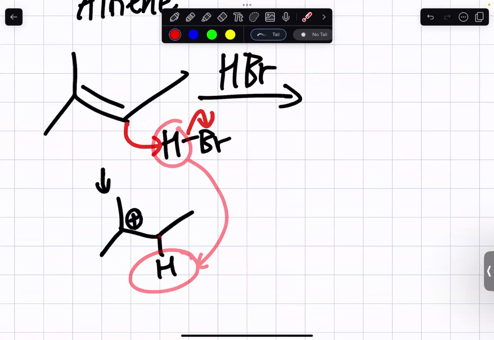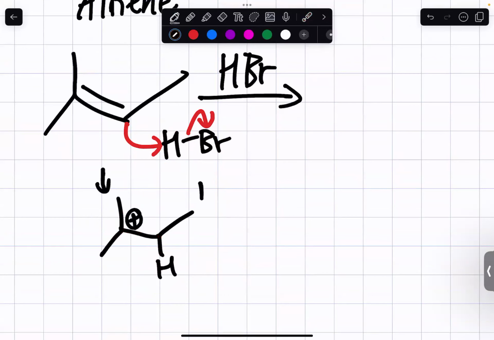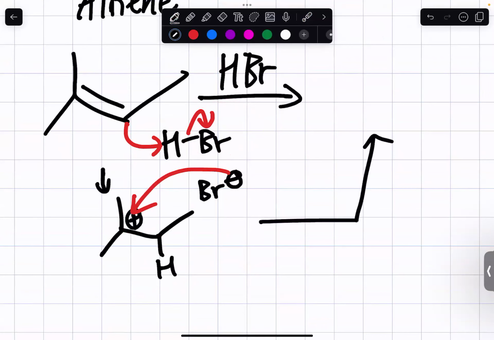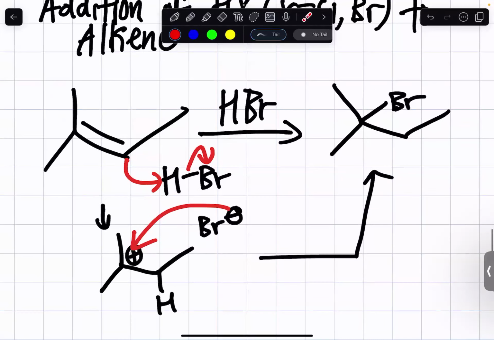This carbon here lost the bond, which is why it has a positive charge. We also kicked out the Br minus, which is just going to come in and attack that carbocation. And that gives us this product here. Does that make sense? Yeah.